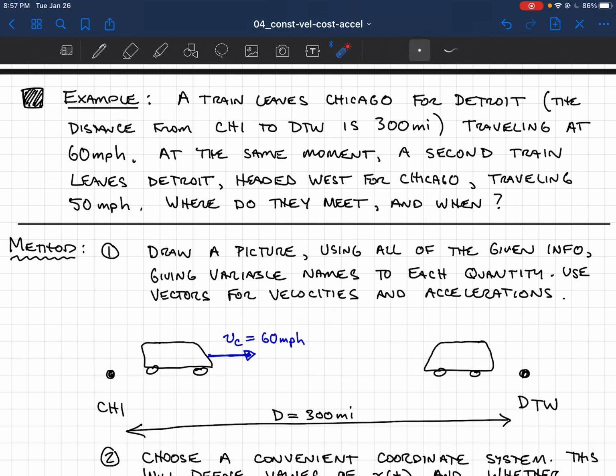So remember, when I write VC without an arrow over it, I mean the magnitude of this vector is equal to this number. And the other velocity vector should be a little bit shorter, I guess. And that's the Detroit train, the train coming from Detroit. And it's going at 50 miles per hour. Is that all that we have? That looks like about all that we were given.